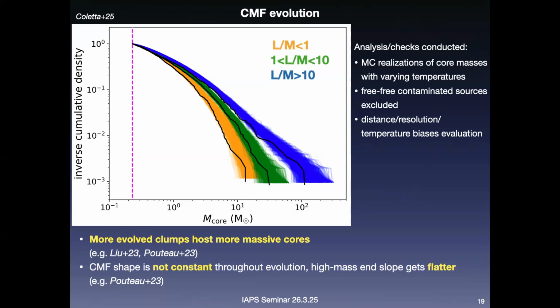And of course we have to remind ourselves that these are average clump properties that we assign to the cores. We cannot exclude that single cores actually have different properties from what has been estimated at clump level on average. Actually, a core will have an internal distribution of temperature and so on with respect to the average clump. So for single cases, this could be the case.